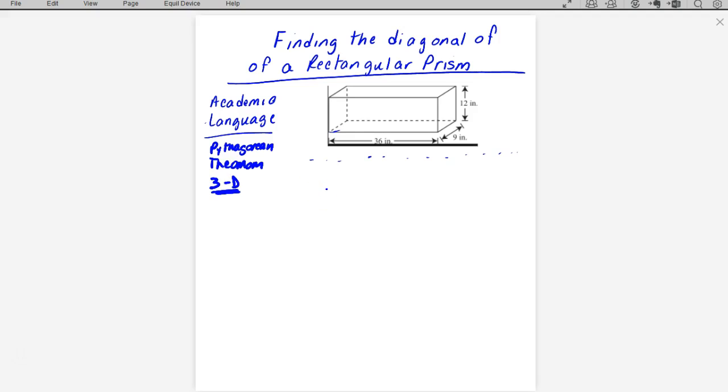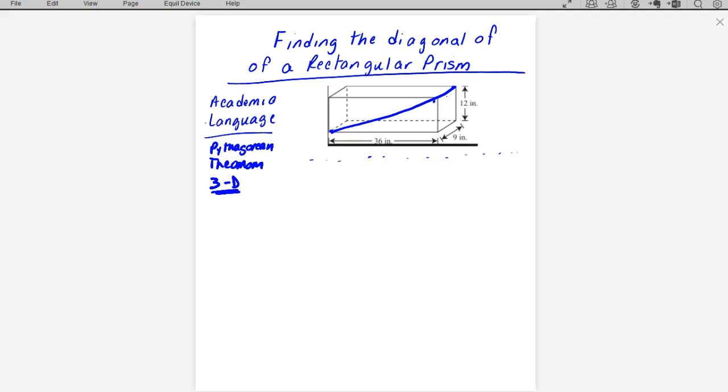If you look at this rectangular prism I have at the top, we're looking for something that goes from the top right-hand corner down to the bottom left-hand corner, okay? And so it's kind of going through the middle of this three-dimensional figure.